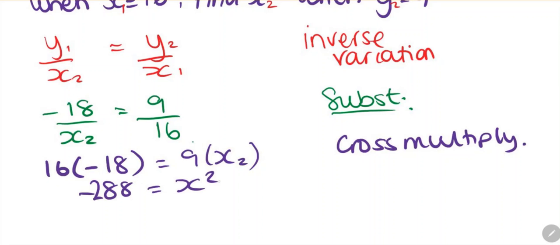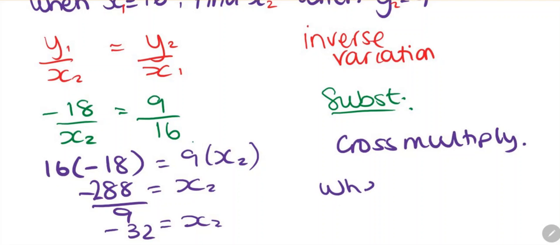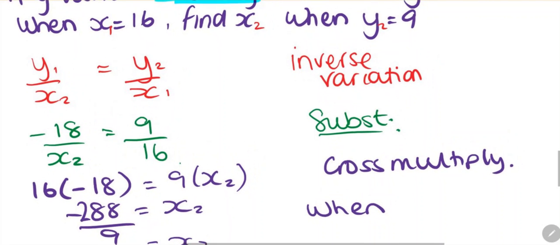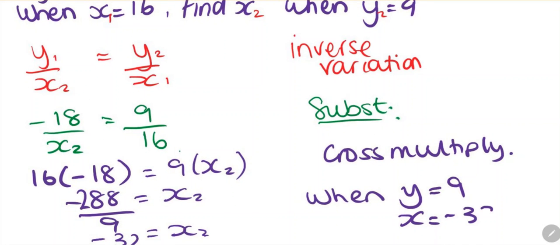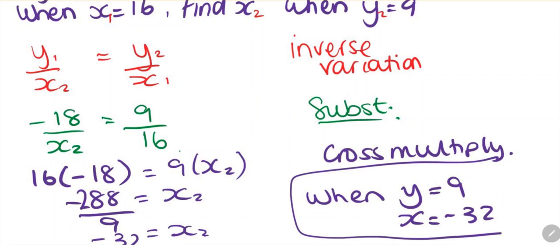And if I divide that by 9, I will have minus 32. So we can say when y is equal to 9, x is equal to minus 32. And there's our answer.